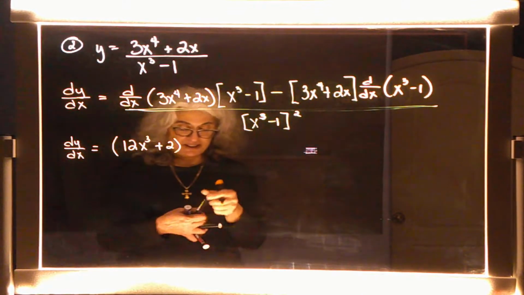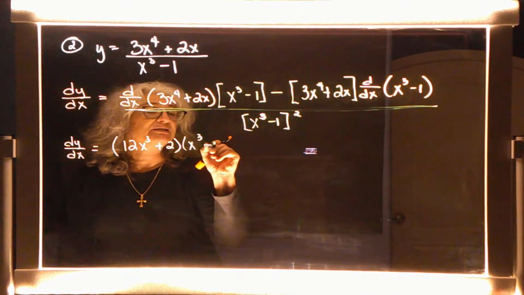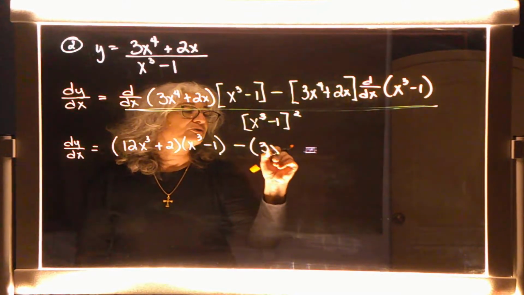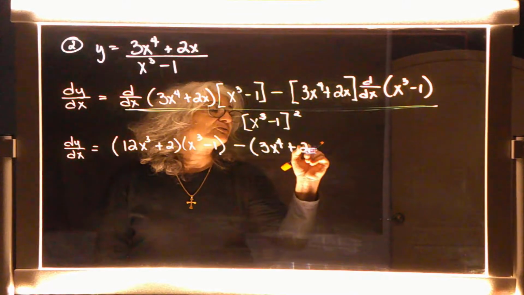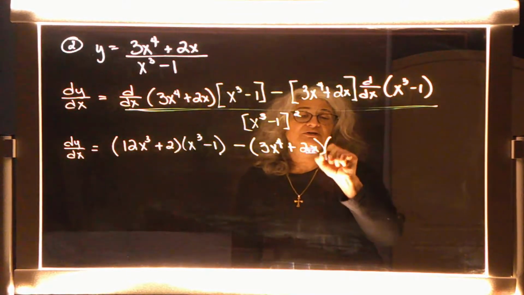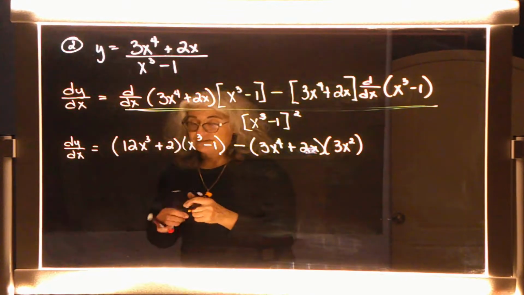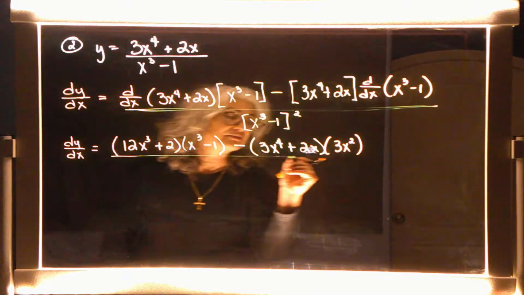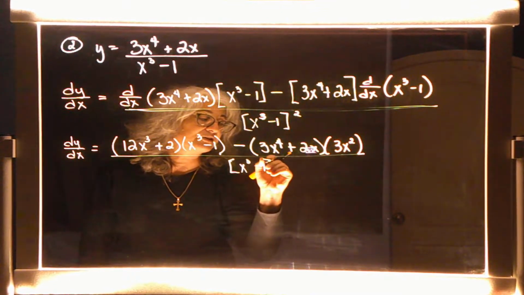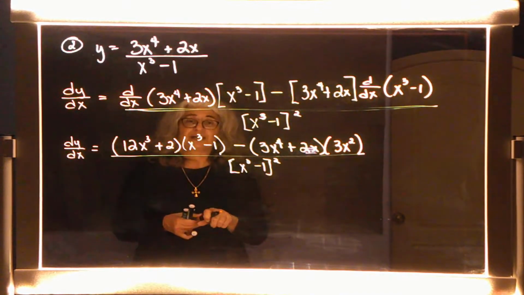And I'm multiplying it by x cubed minus 1, and now I'm subtracting 3x to the fourth plus 2x, and I need to take the derivative of this one, which is just 3x to the power of 2. And then the whole thing is divided by the denominator squared. Good? Okay.